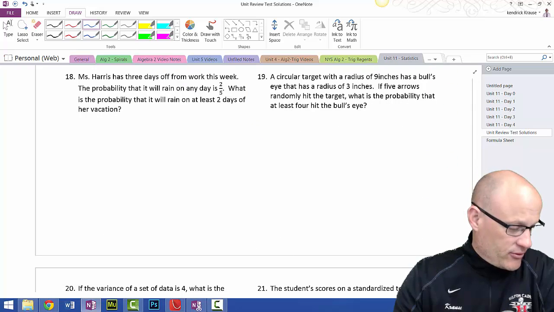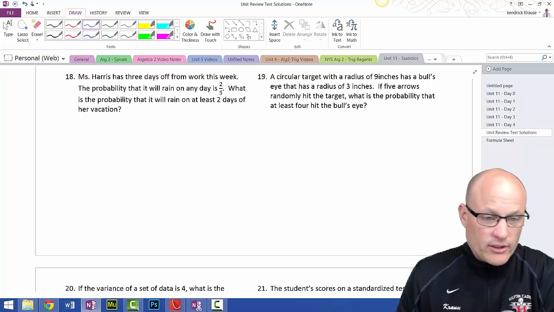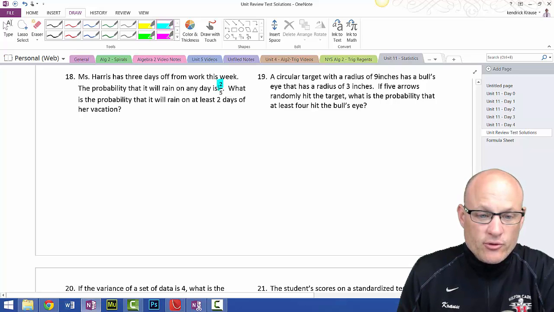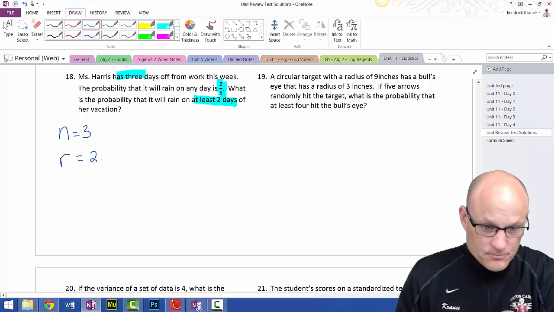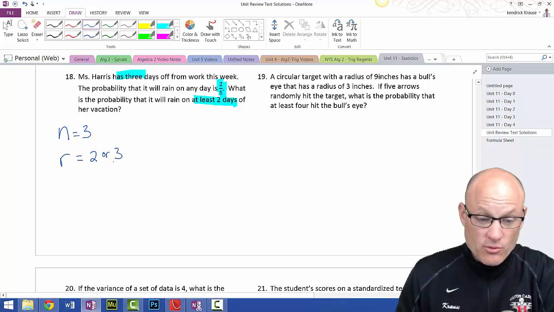Miss Harris has 3 days off from work this week. The probability it will rain is 2/5. She's got 3 days off, and we want to know at least 2. So we'll go back to what we were doing before. N equals 3. R equals, well, at least 2 would be 2 or 3, excuse me.